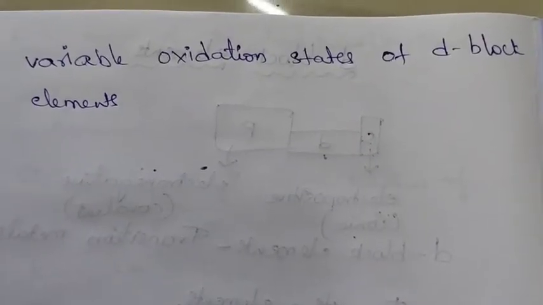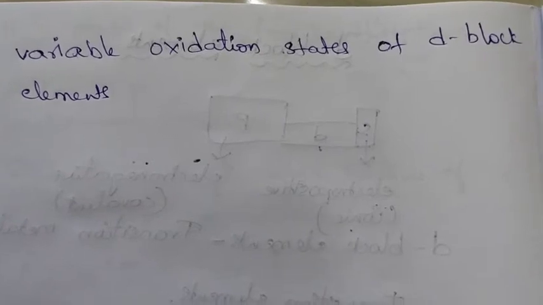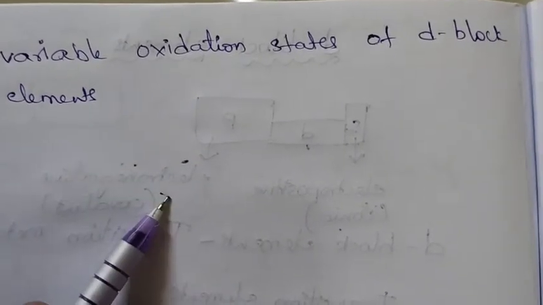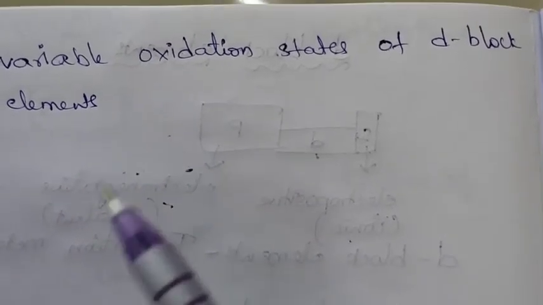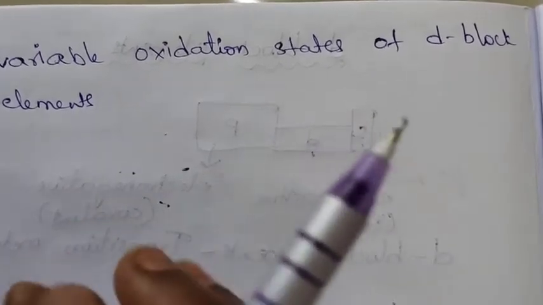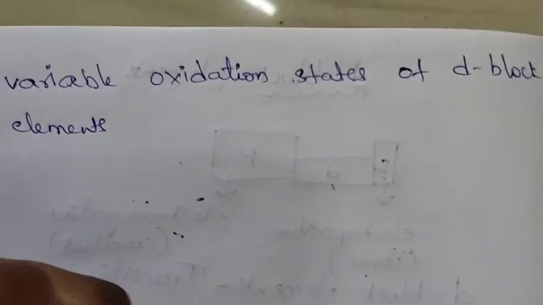Variable oxidation states of D block elements. Most of the D block elements exhibit a wide variety of oxidation states or variable valencies, because of the incomplete d subshell.